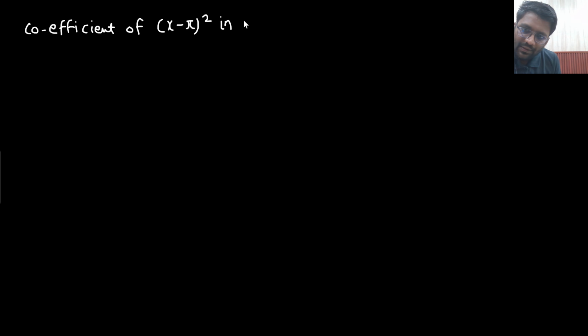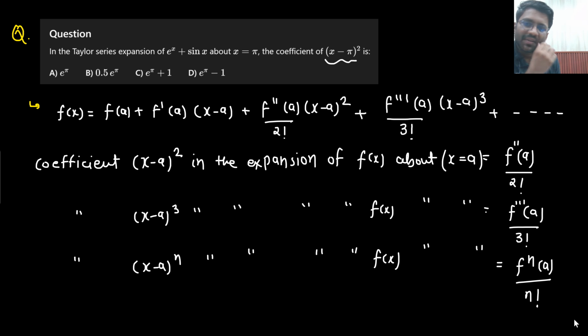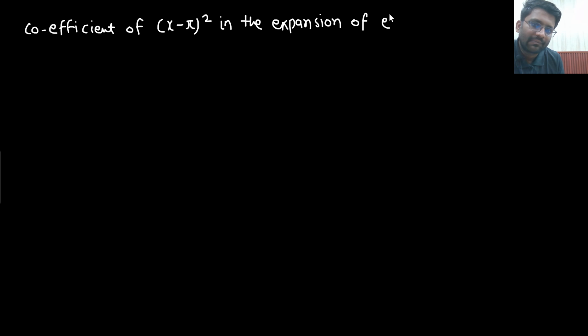What the question is saying, you need to find out the coefficient of, just you will write down in this manner, sir, coefficient of (x minus pi) whole square in the expansion of e to the power x plus sin x, which is your f(x), right?